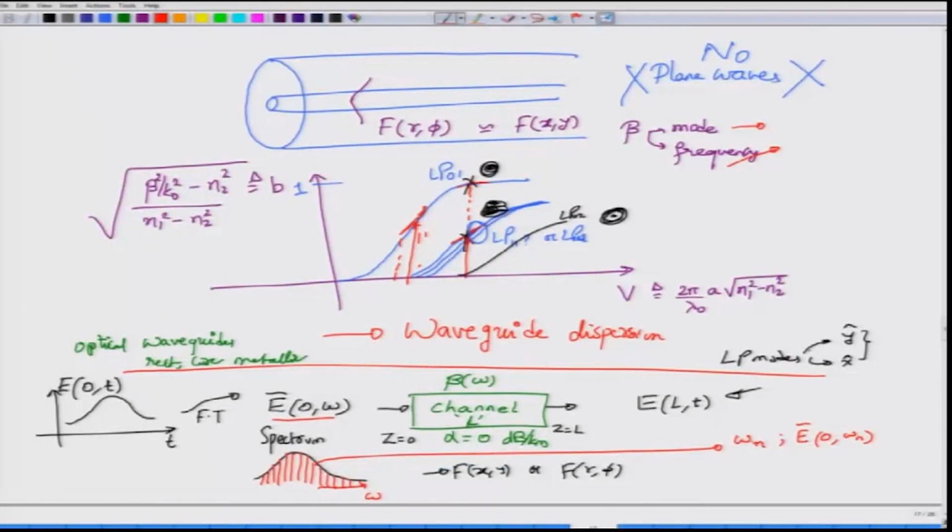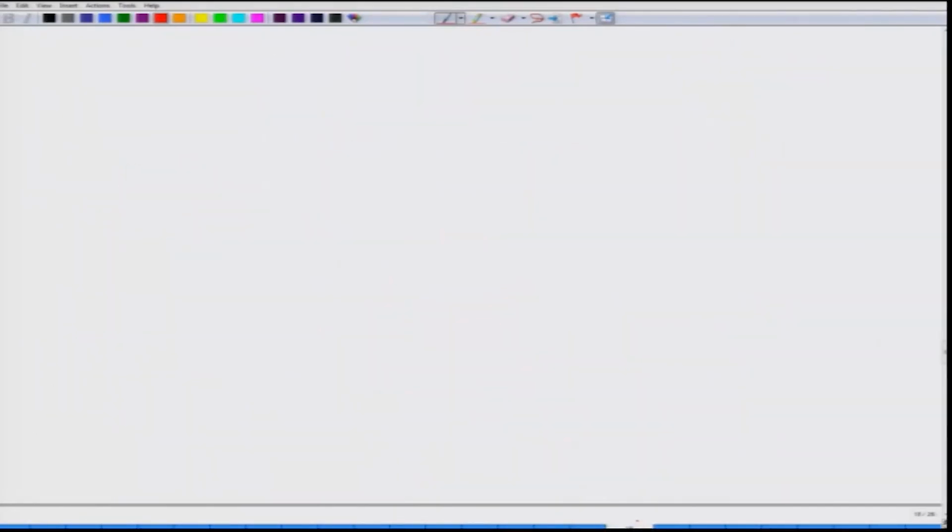So, at every frequency omega n, you have a complex amplitude, but that is not really a problem for us. We have seen, at least in the plane wave case, that if I have a certain complex amplitude plane wave propagating through the distance z, then it would simply acquire a phase shift of e power minus j beta z.